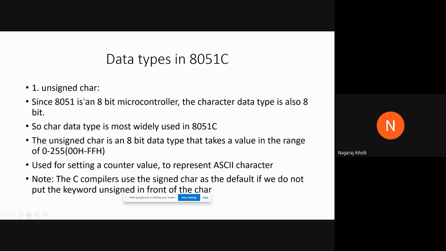So we have to clearly mention whether it is unsigned or signed. If it is signed, we need not mention it, as by default it is taken as signed. But if it is unsigned, we must write unsigned before the CHAR. Clear?